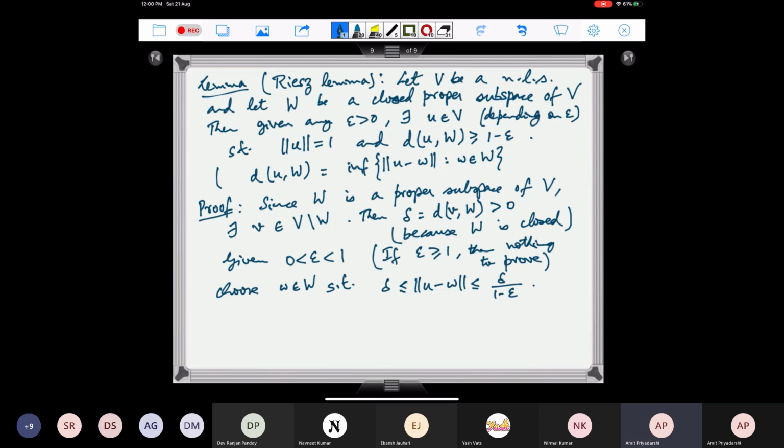So now we will define the vector u, which will do. Let's put u equal to v minus w by norm of v minus w. Okay, this is not u, this was v.